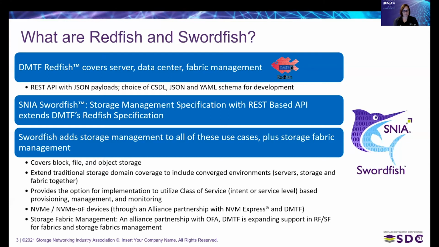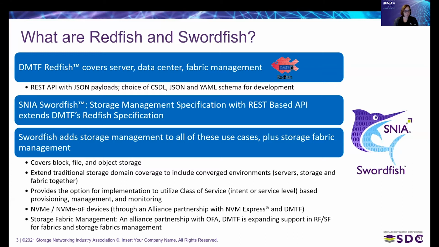So that's the basics. What else are we working on? And what else is in Swordfish? One of the things we've been focusing on quite a bit over the last couple of years is adding support for NVMe and NVMe-oF devices. We've been working this through an alliance agreement and partnership with DMTF, bringing in Redfish components, and NVM Express, bringing in the expertise for the NVM devices and the ability to map our two ecosystems together.